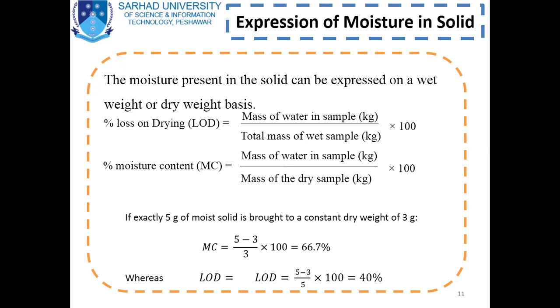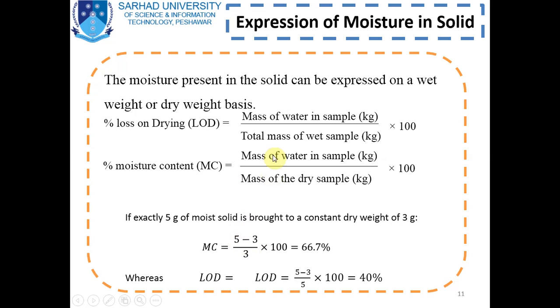The initial weight was 5, and then it is dried to 3, and we subtract 5 minus 3 in order to get the mass of water in the sample, because the initial weight was 5 gram when the moist solid was present, and we dried it to get 3 gram. It means 5 minus 3, that is 2 gram, is the water in the sample, because it is dried and reduced by 2 gram.